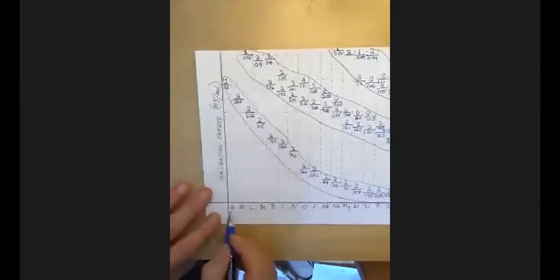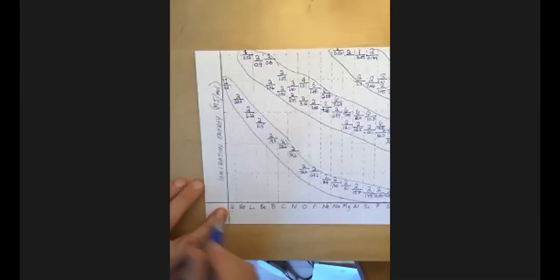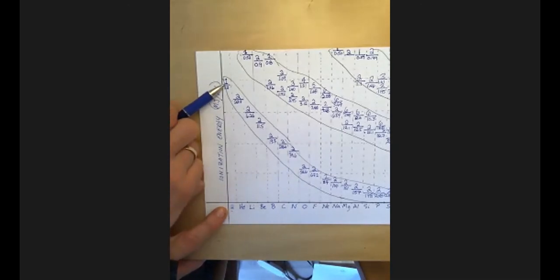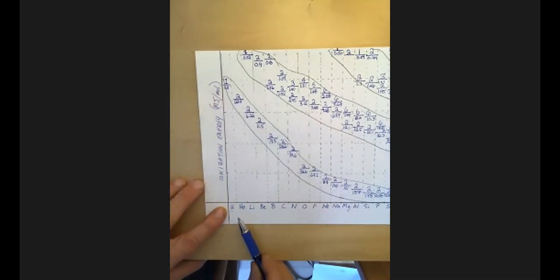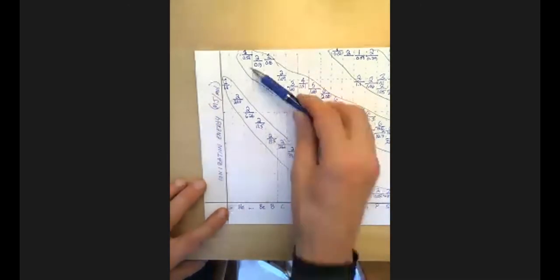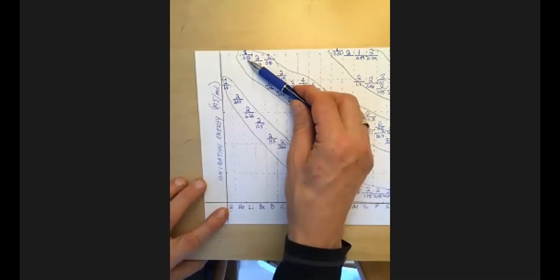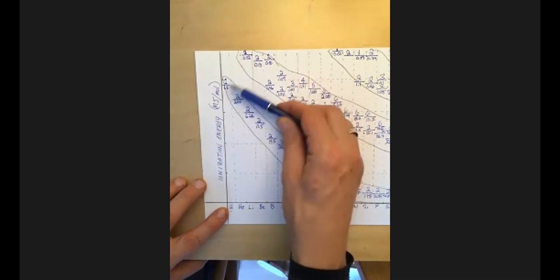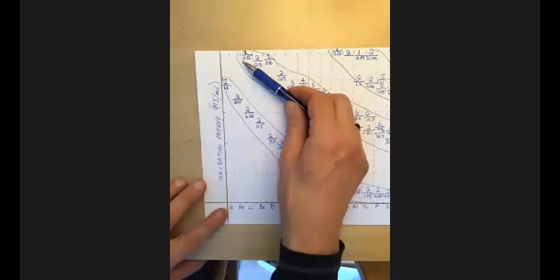If I look at hydrogen and I want to remove an electron from hydrogen, this one electron takes 1.3 megajoules per mole to remove. To remove the electron from lithium, it's 0.52 megajoules per mole. Is that more energy or less? Less. 0.52 is less than 1.3, so it takes less energy.